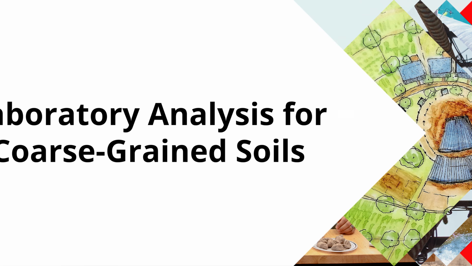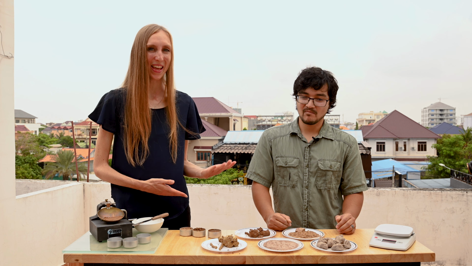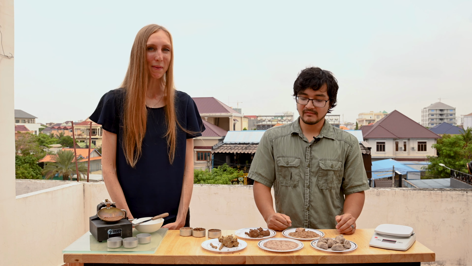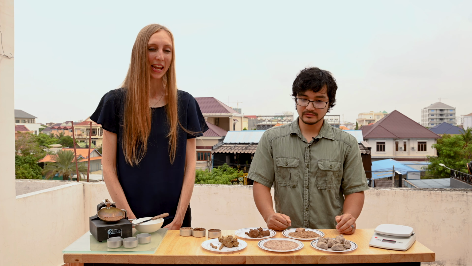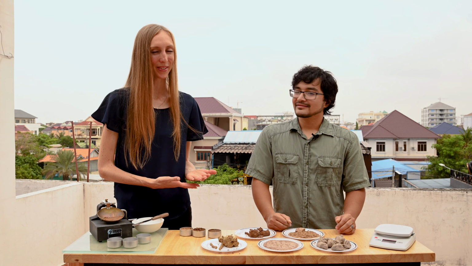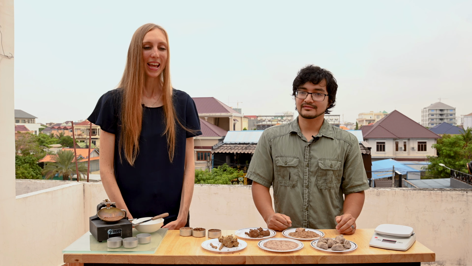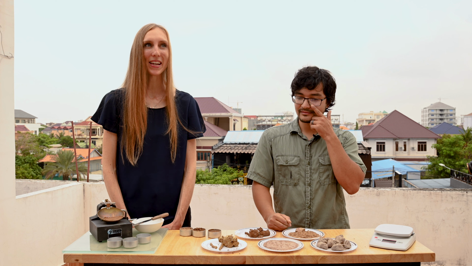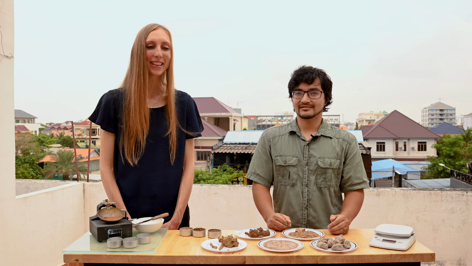As we mentioned previously, soils can be divided into two categories, the coarse-grained and the fine-grained. And some laboratory tests can really aid in precisely determining how much of your soil is coarse-grained, how much of your soil is fine-grained, and better characterize which behavior will dominate the soil.